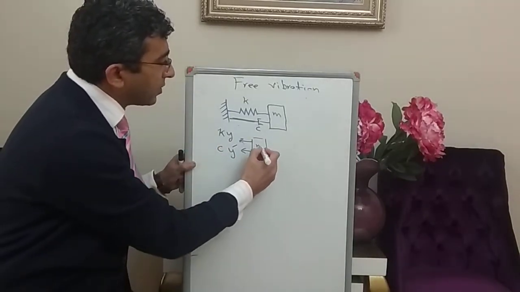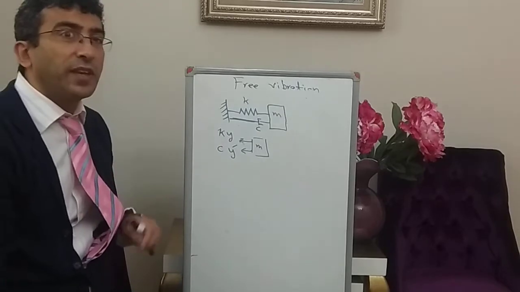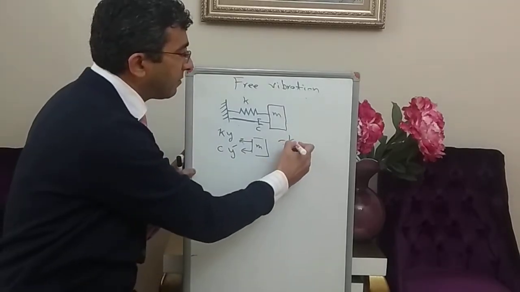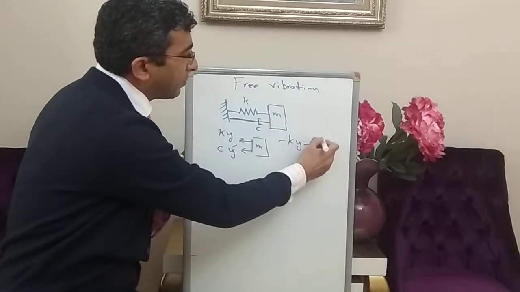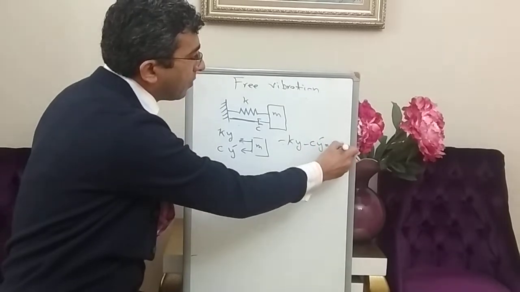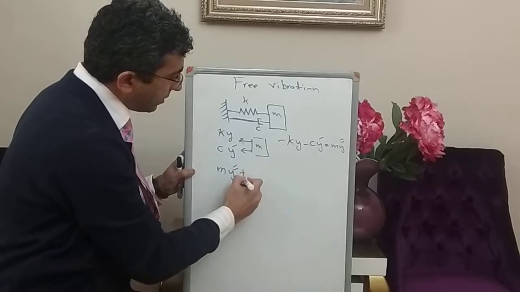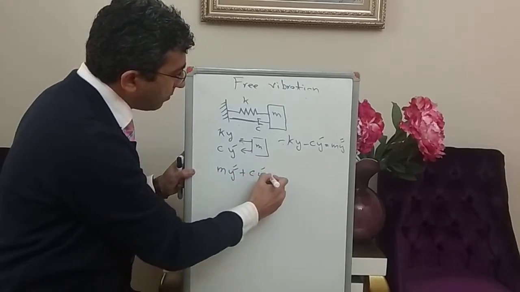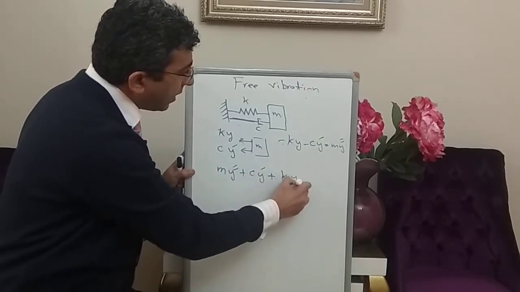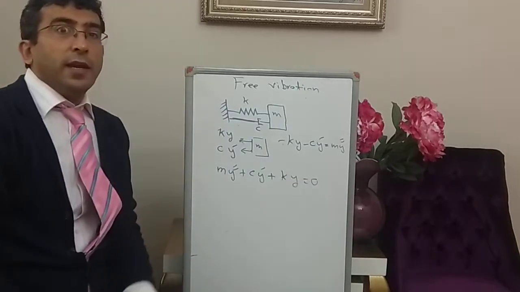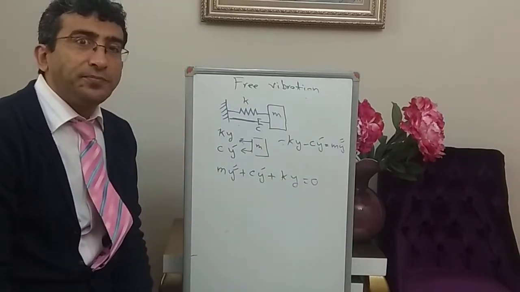Okay. So if you write Newton's law, you will have minus ky minus c y prime is equal to m y double prime. So the equation is m y double prime plus c y prime plus ky is equal to 0.